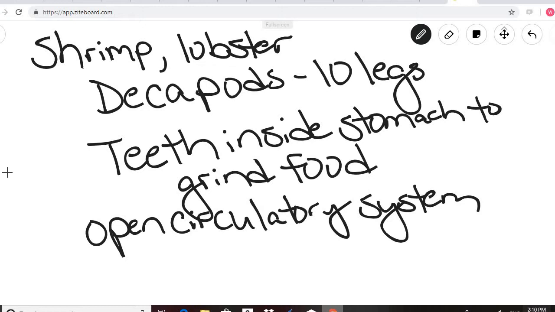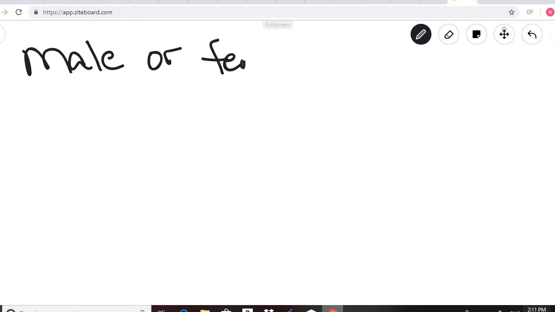cavities. In terms of reproduction, they are male or female, so they're not both. And the males will transfer the sperm to the female. So male transfers sperm to female.